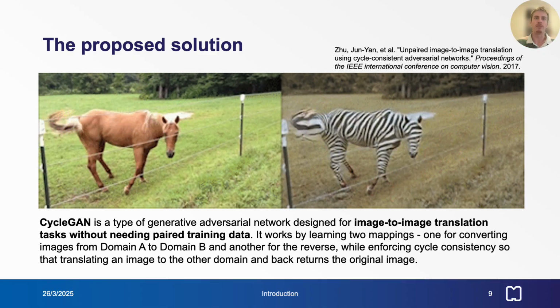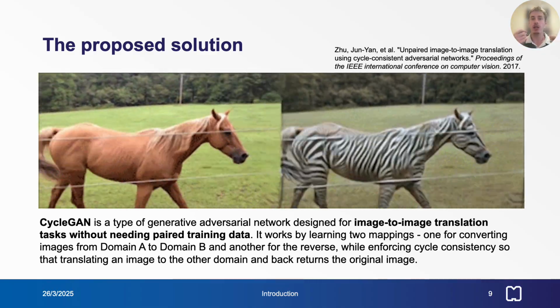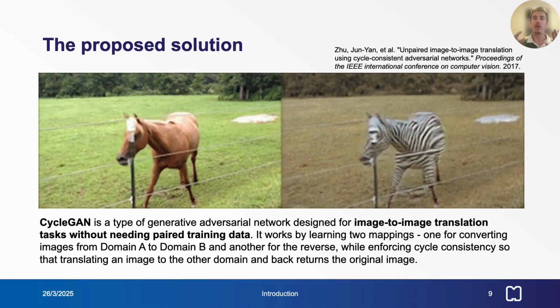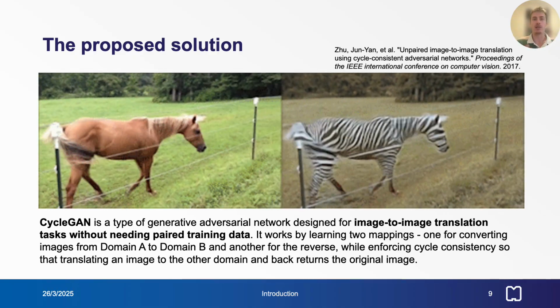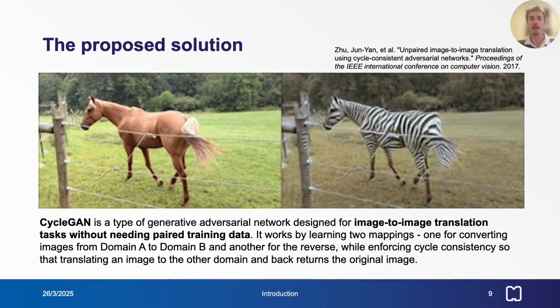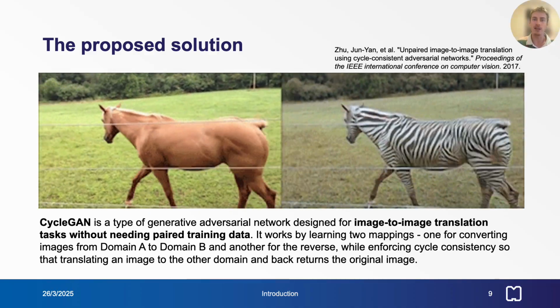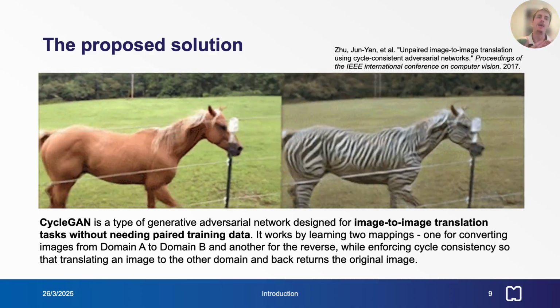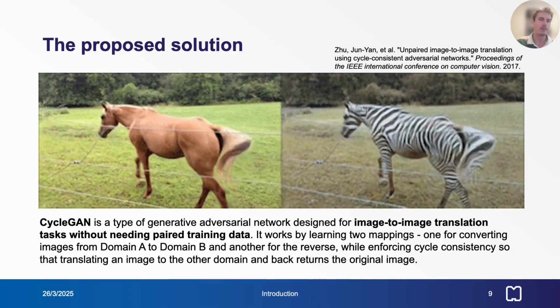Now, CycleGAN is a type of generative adversarial network designed for image-to-image translation tasks without the need for paired training data. It works by learning 2 mappings, one for converting images from domain A to domain B, and another for the reverse, while enforcing cycle consistency so that translating an image to the other domain and back returns the original image.